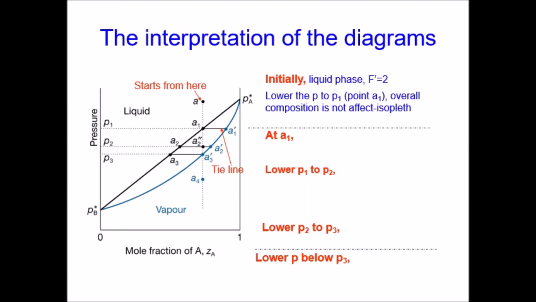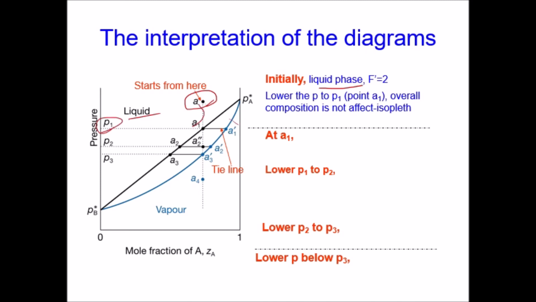Here is an example of interpretation of the phase diagram. Let's start at point A, because point A is at a high pressure liquid phase region, and we can say initially we only have a liquid phase. Now, the liquid phase remains as a liquid phase before it reaches pressure P1.